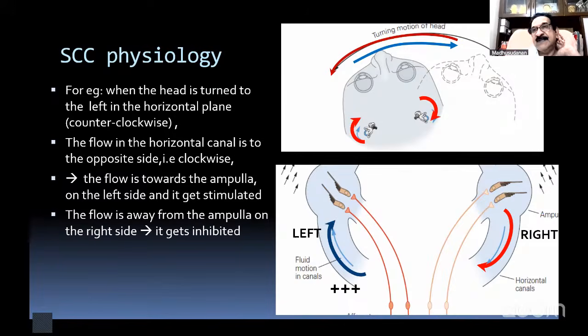So that canal gets inhibited. Exactly the same thing occurs in the paired anterior and posterior canals. When fluid motion in one direction stimulates that cupula, the fluid in the corresponding yoke pair inhibits that cupula. That is how it has been oriented.